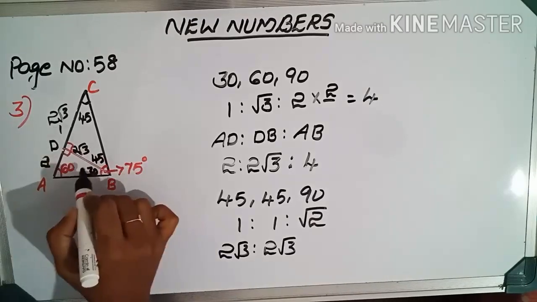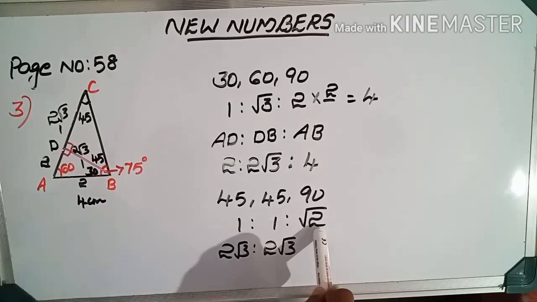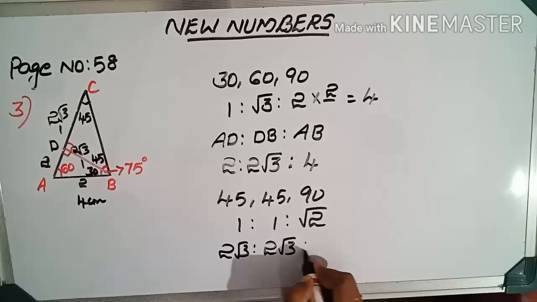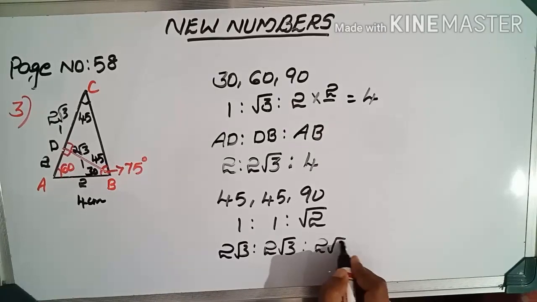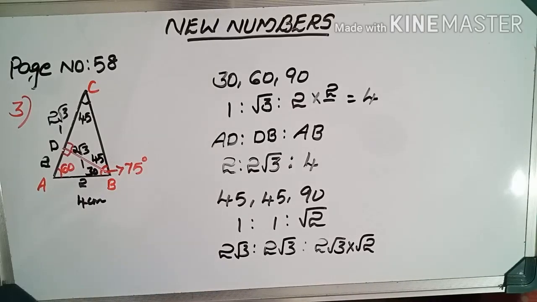So the ratio 1 is to root 2 means we multiply 2 root 3 with each. That means this root 2 must also be multiplied by 2 root 3, giving 2 root 3 into root 2. Like this we have to write it.